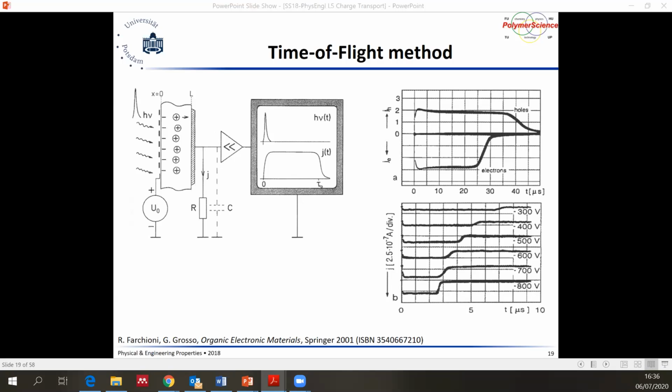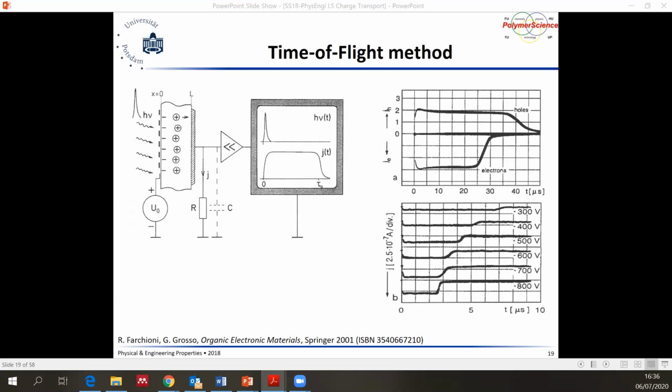Through that electrode we excite the charges, and most of the photogenerated charges are very close to that electrode. Then we apply an electric field in reverse to extract, meaning drive, the charges out through the sample.